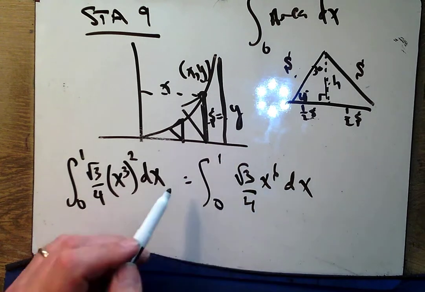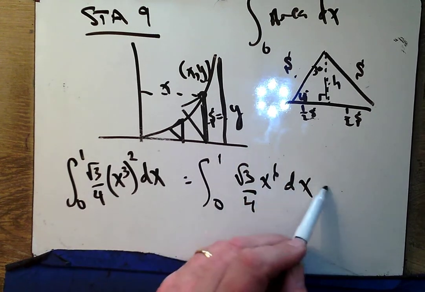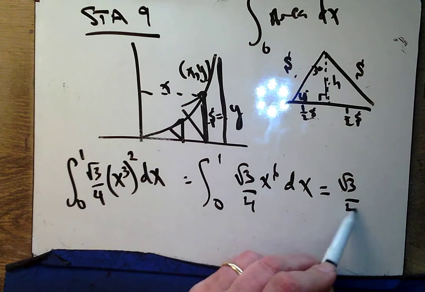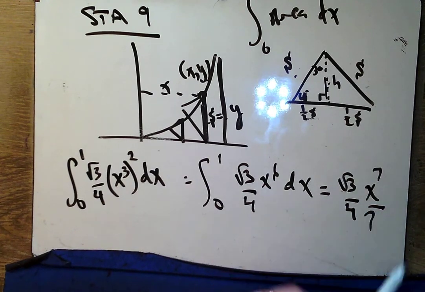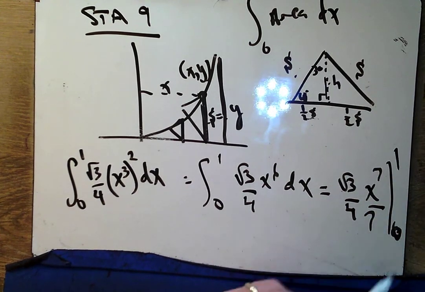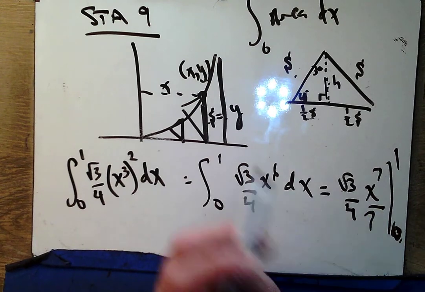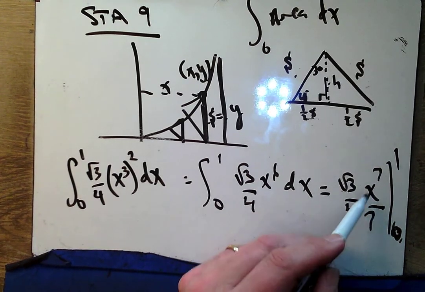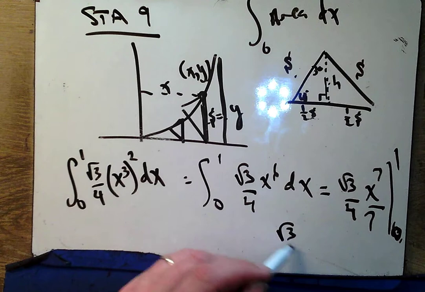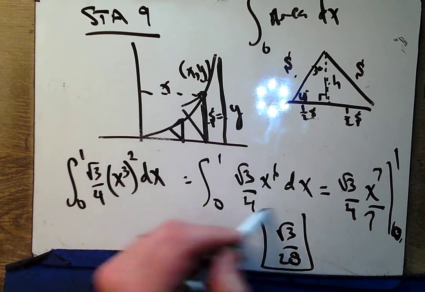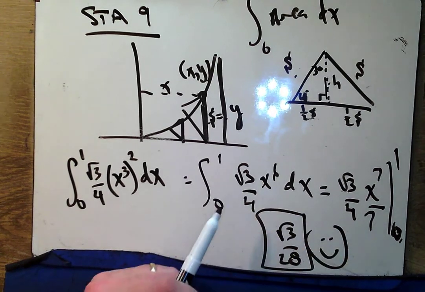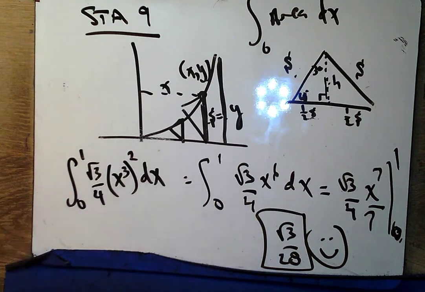I'm going to pull the constant out and integrate just the x to the 6th, and get √3 over 4 times x to the 7th over 7, from 0 to 1. Well, if I plug in my 0, I get nothing, and so I'm just going to plug in my 1 and get √3 over 28. There we go. Alright, that was station 9.